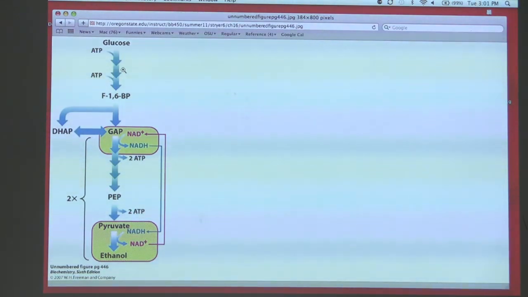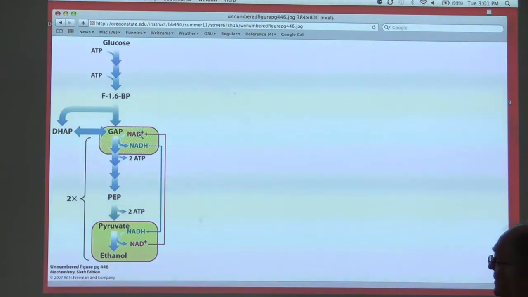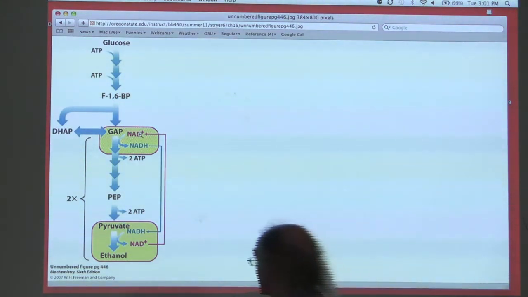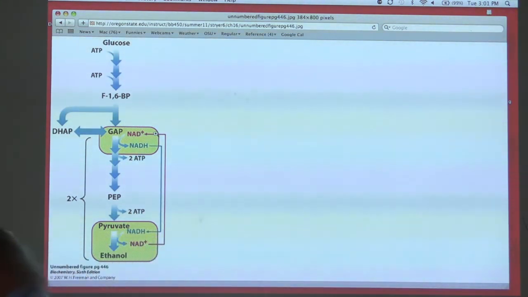And the reason for that is because the glycolysis system is totally dependent upon NAD. All right, so we see right here NAD is needed for that one oxidation reaction that we have in glycolysis. And cells absolutely have to have NAD to keep glycolysis going.